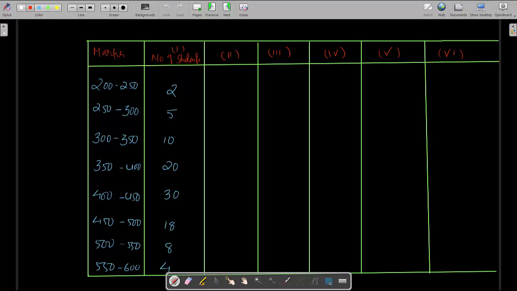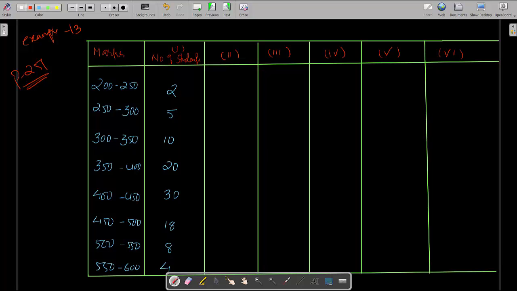In this question, we are given marks. I'm referring to example 13 from the textbook, page number 251.